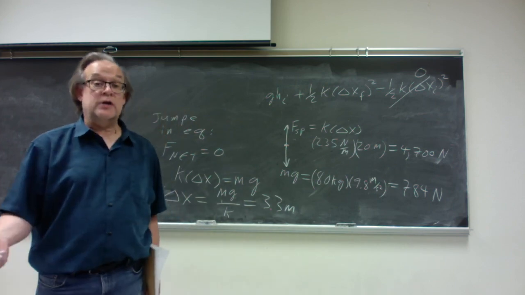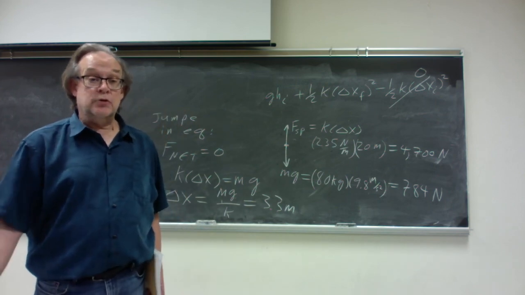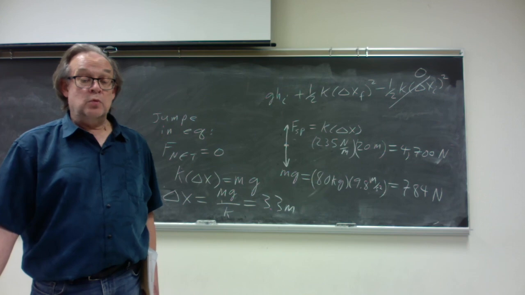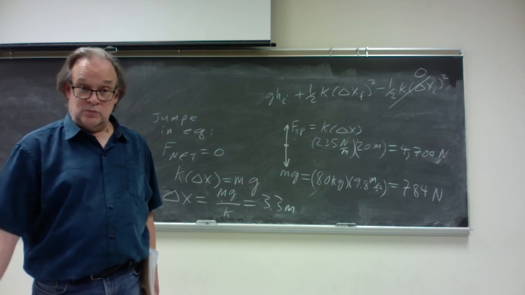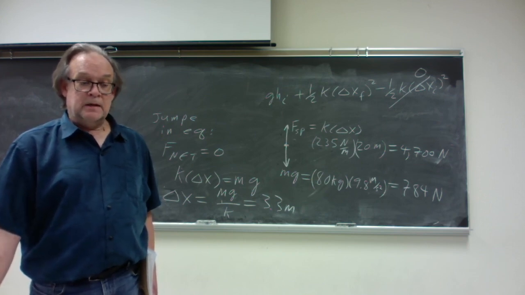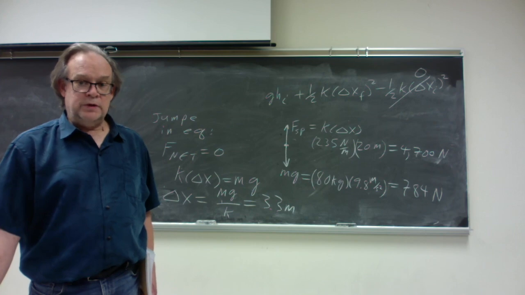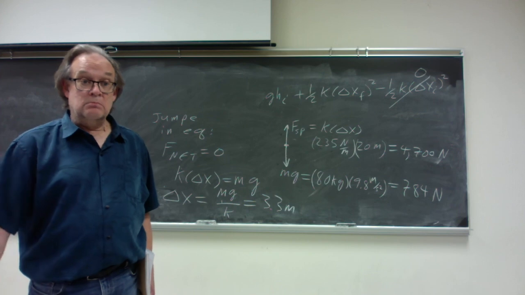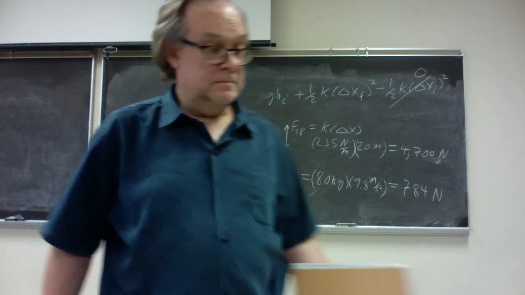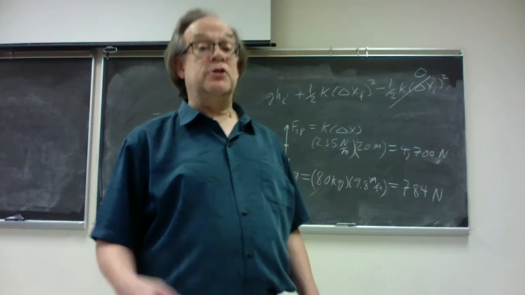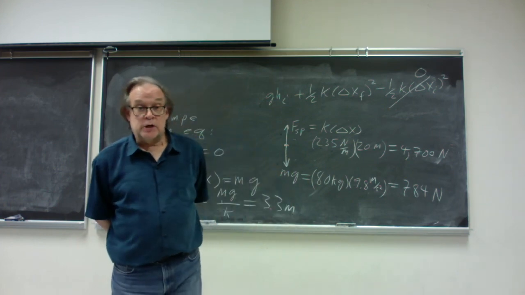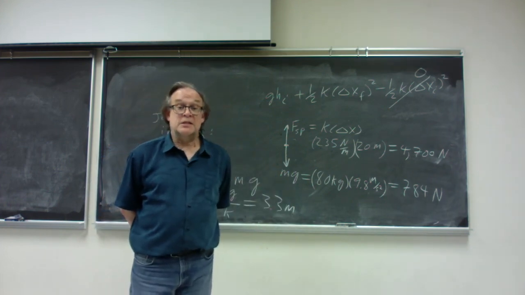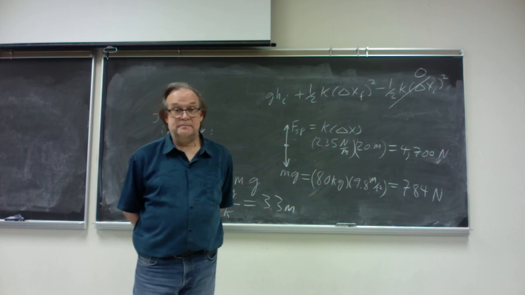The bungee cord is stretched only 3.3 meters when the jumper finally has stopped moving. Right, much less than the 20 meters of stretching that it took to stop the jumper's fall.